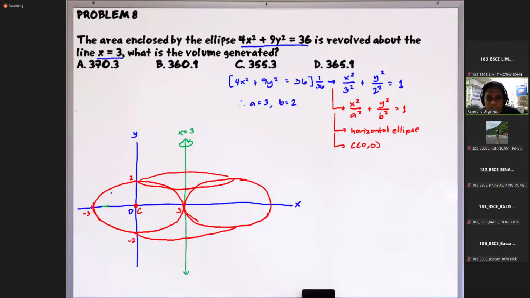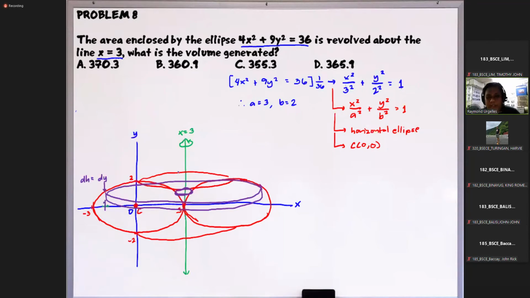So this is what we will consider, a horizontal cross-section, since our axis of revolution is vertical. If we take the cross-section, it will have a hole in the middle. We just add a little thickness, which is along the vertical, so this is dy. So our dh in the washer method equation is equal to dy.